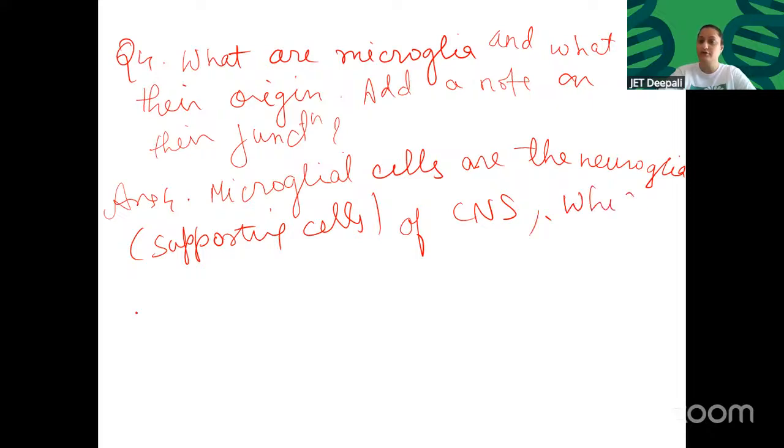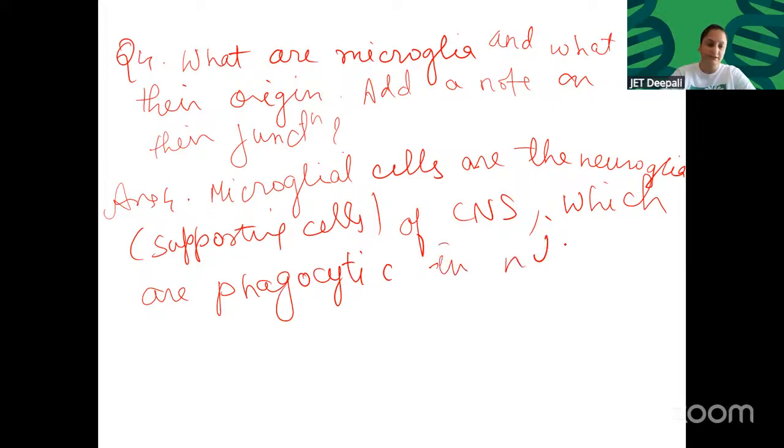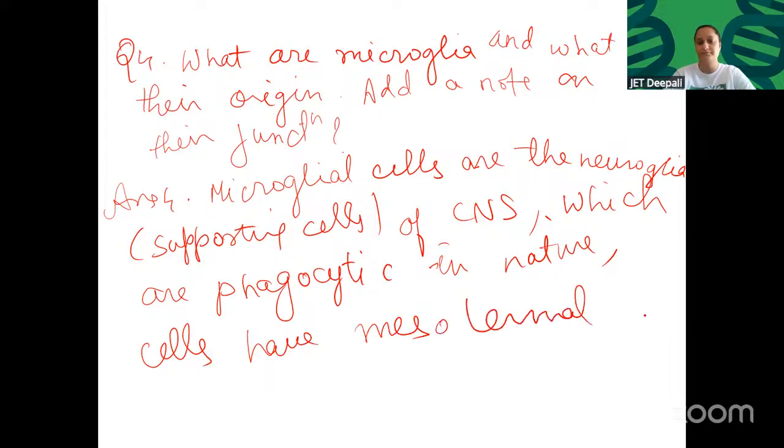Okay, so what is their function? Phagocytic means they have something to do with the immune system. And their origin, the cells have mesodermal origin. The nervous system is ectodermal, but the given cells are mesodermal in origin.